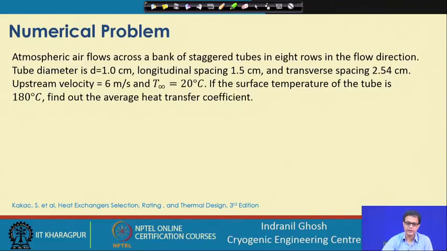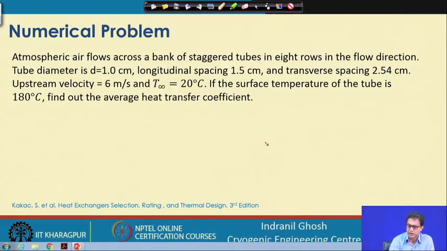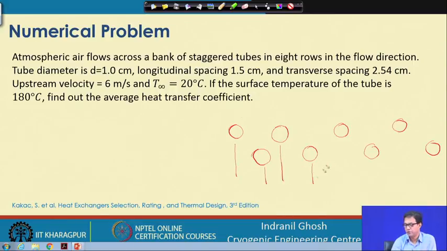So, let us try to solve this problem. What are the things that have been given to us? We already know that we have some number of tubes. How many layers are there? Like this we have 1, 2, 3, 4, 5, 6 and we have to add 2 more. So, like this we have 8 rows: 1, 2, 3, 4, 5, 6, 7 and 8, and the flow direction is this.